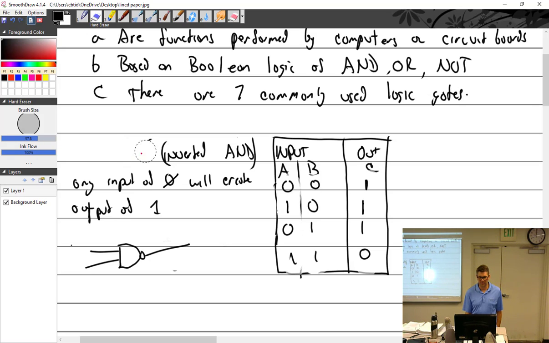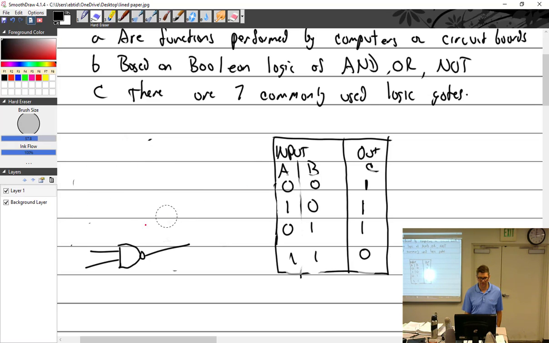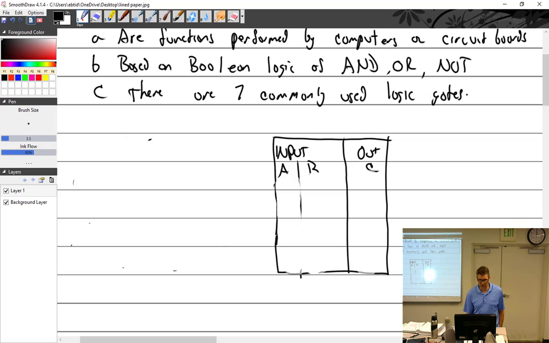Am I good to erase? All right. Is that what's left? Exclusive OR.